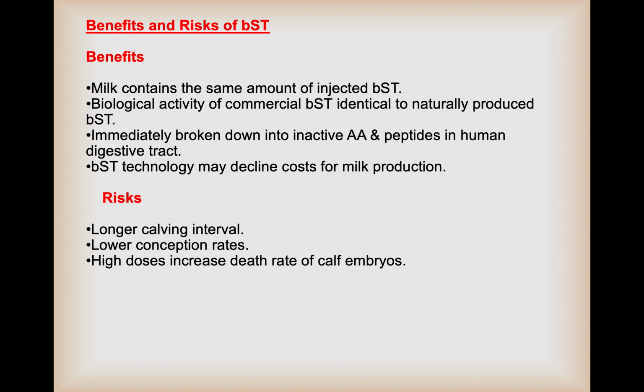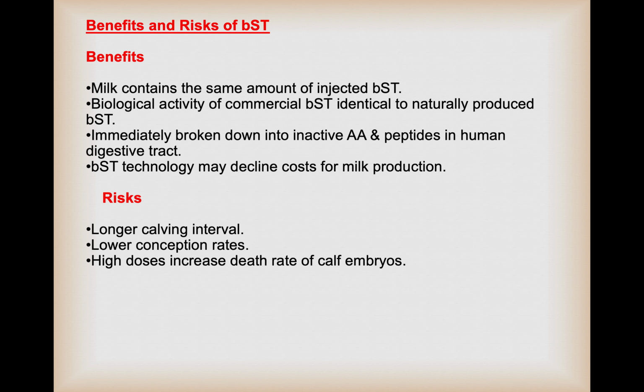What are the risks? It has been found that cows that have been injected with bST have a longer calving period, which means that they do not reach the reproduction stage for about 2 to 4 weeks, up to 6 weeks. So longer calving intervals.